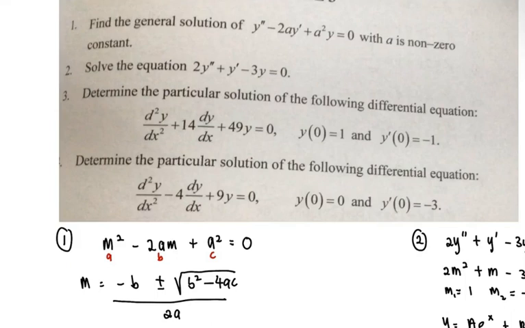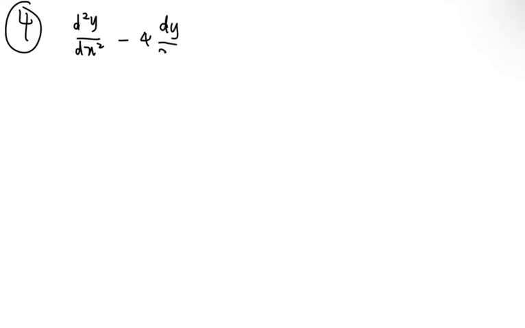Given two initial conditions, we must solve in order to find a and b. Okay, let's write the equation first. d squared y over dx squared minus 4 dy over dx plus 9y equal to 0, given y0 equal to 0, y prime 0 equal to minus 3.